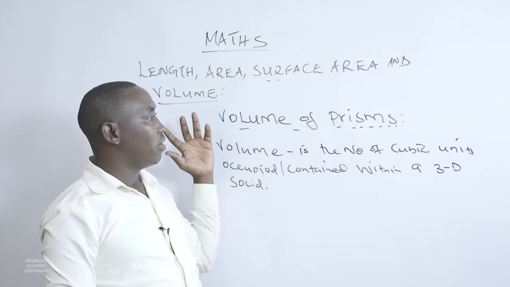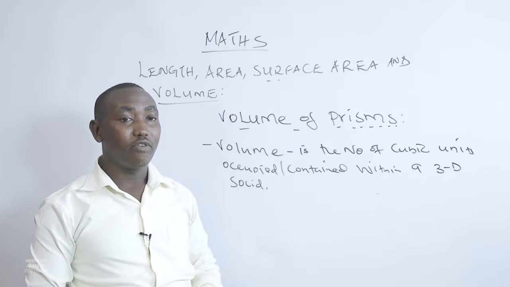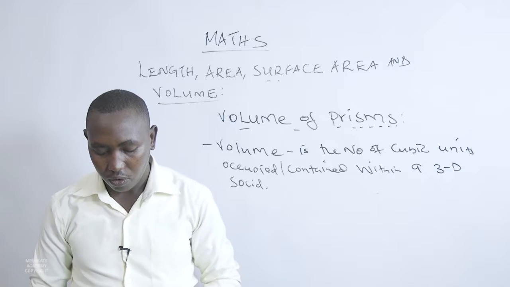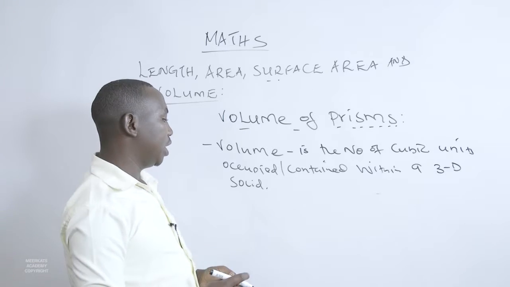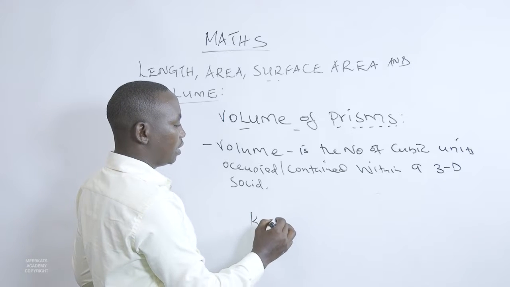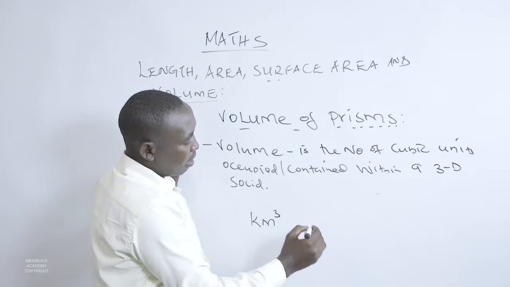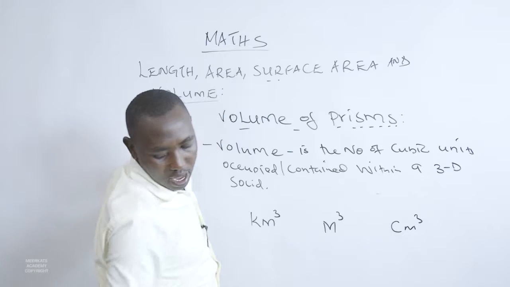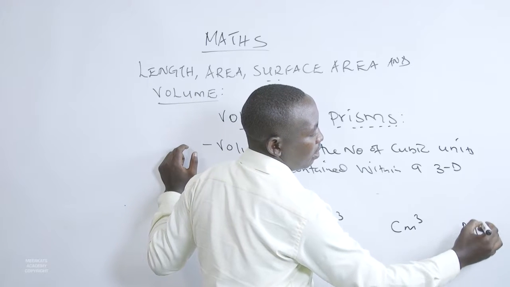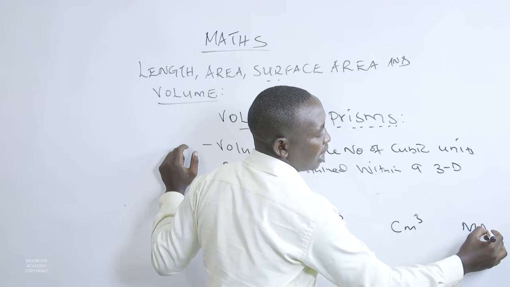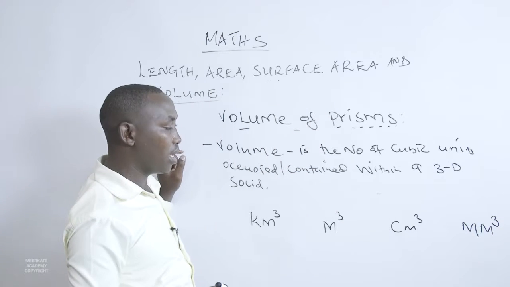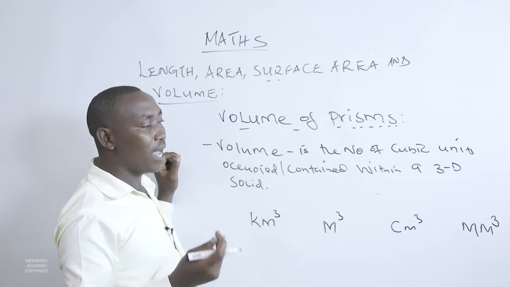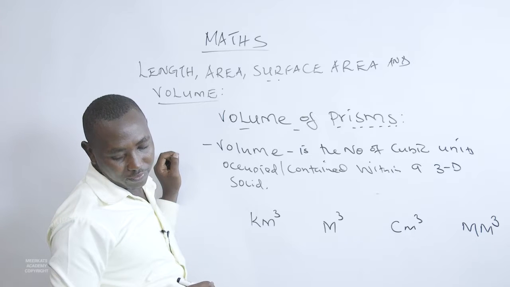Another important aspect on the volume is on conversion from one unit of volume to the other. The most common units of volume are kilometer cube, meter cube, centimeter cube, and also millimeter cube. Same with what we are doing on conversion of areas, the same can be done on volumes.